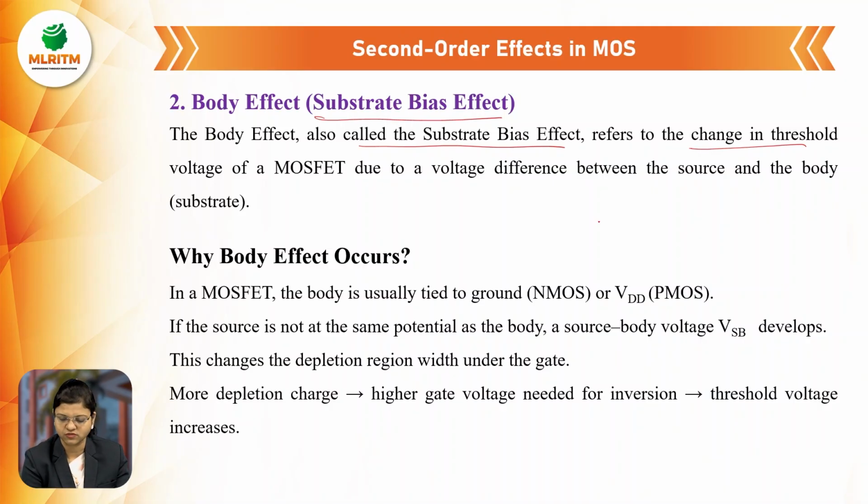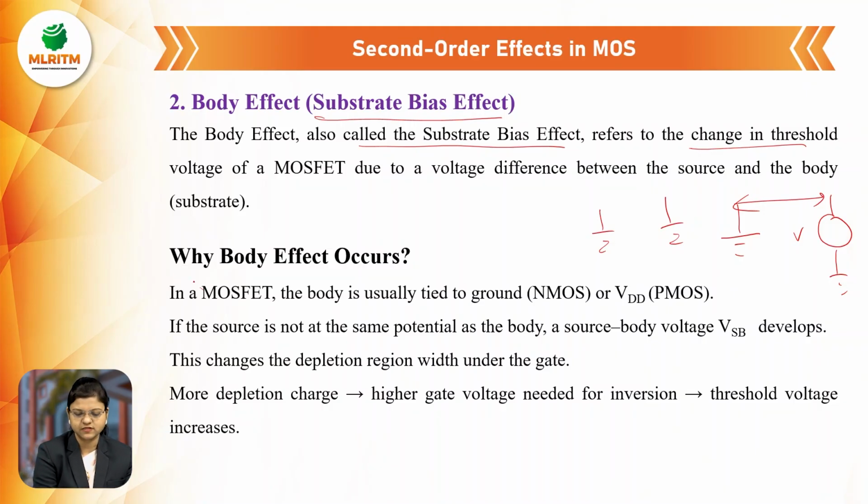Ideally, if the source is at ground and the body is also at ground, both are at the same potential. But if the source is at ground and we apply some voltage to the body, there is a voltage difference between the source and the body, which changes the threshold voltage, and so the voltage required for formation of the channel also changes.